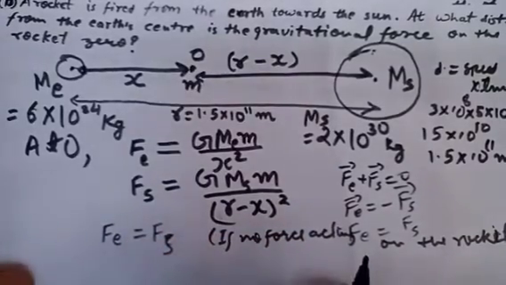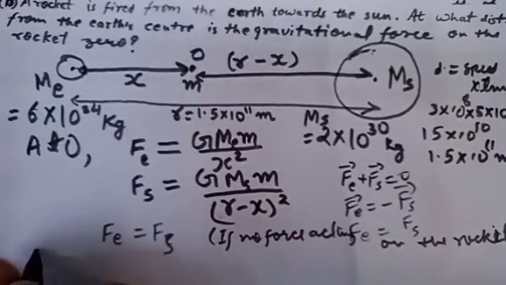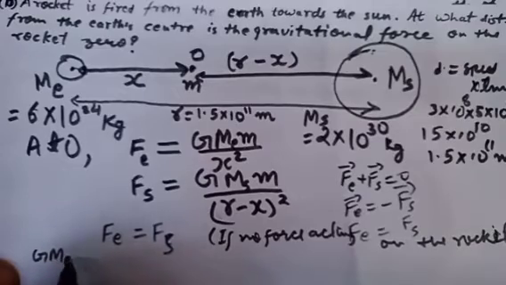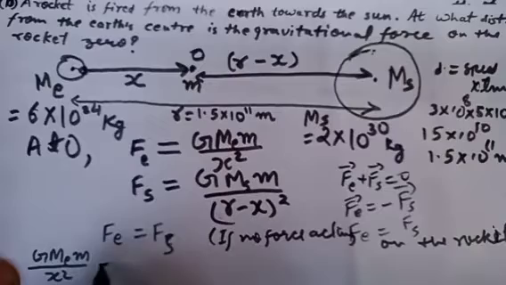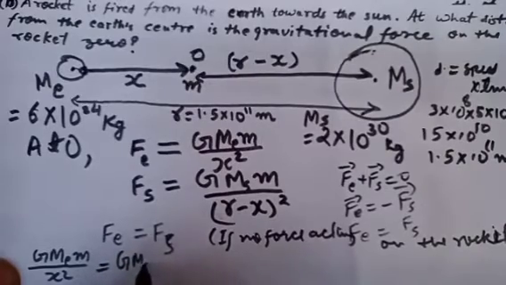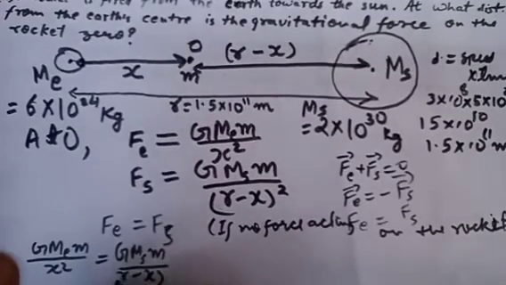Now what? G Me m upon x square is equal to G Ms m upon (r minus x) square.